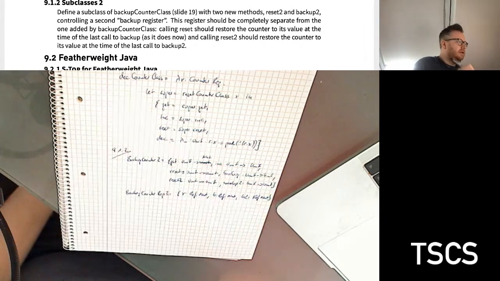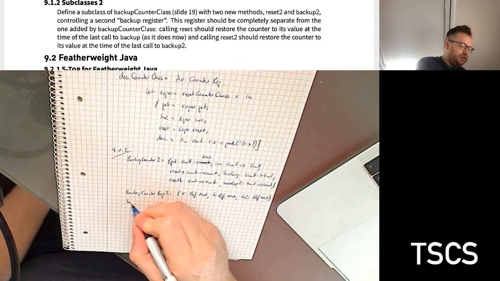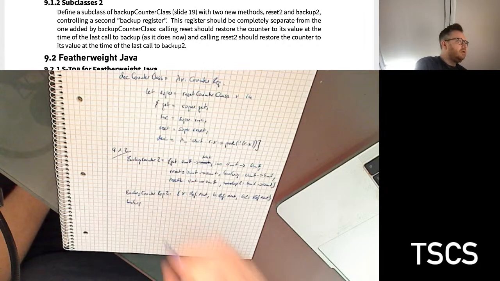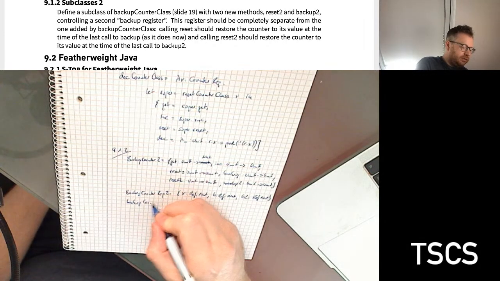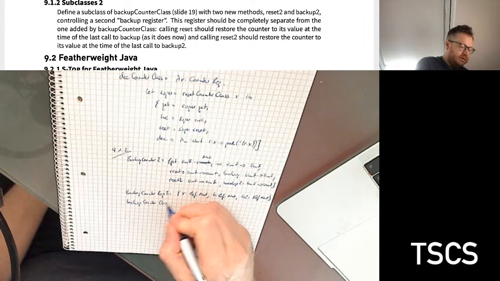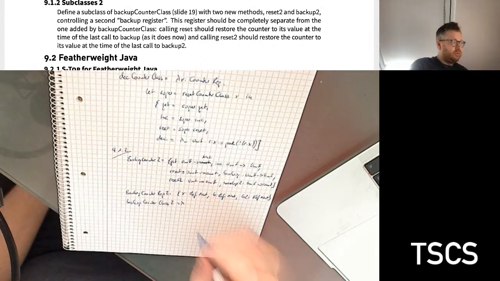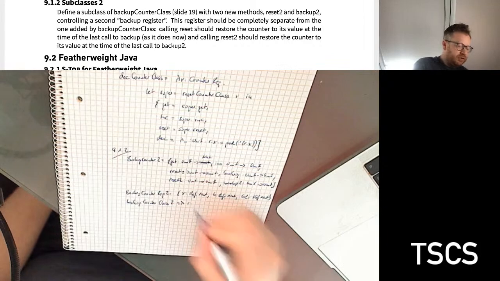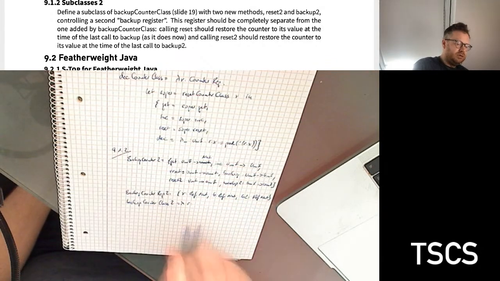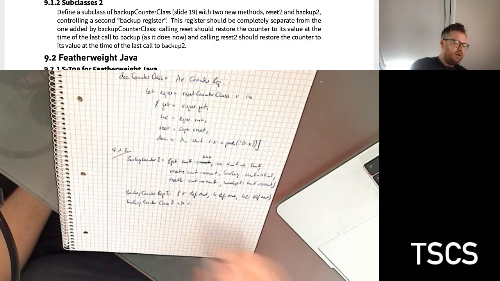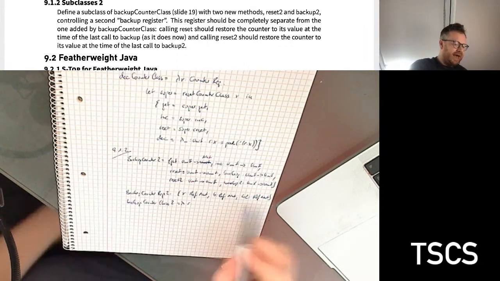So next thing is the class implementation. So backup counter class 2 takes, of course, the new representation type that we just defined, which is a subtype of the original one, because we just added one.